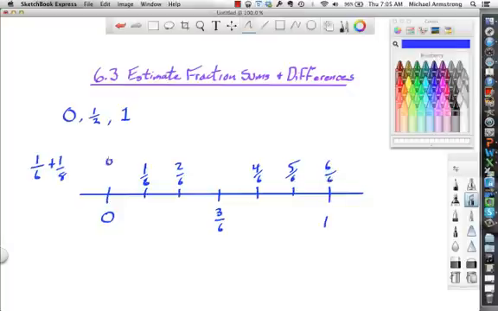And I guess we could also point out that 0 is the same as 0/6. Okay, now if we list 1/6, 1/6 is right here. And we've got to find out if it's closer to 0, 1/2, or 1. And we can see, using the number line, that it's closer to 0.